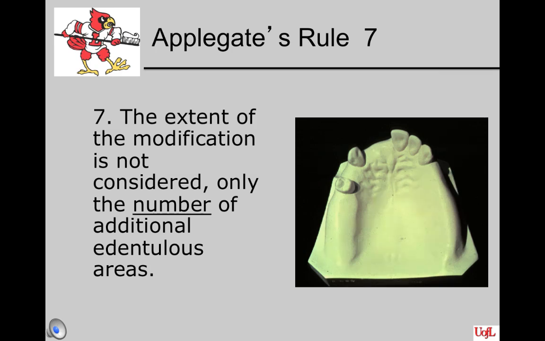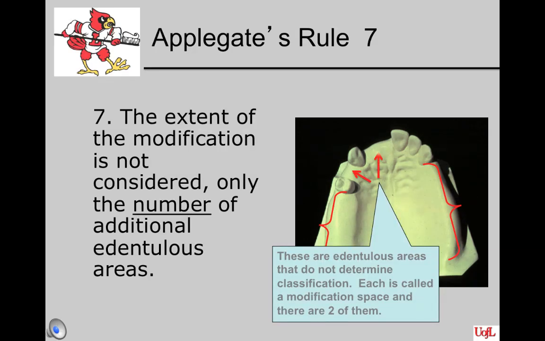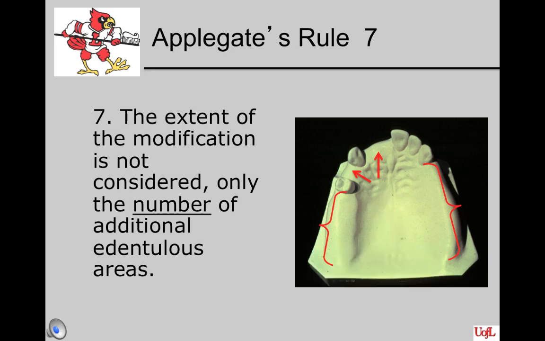We have bilateral edentulous areas that determine our classification to be a Kennedy Class 1. There are other edentulous areas that do not determine the classification, and each of these is called a modification space, and there are 2 of them. Put this all together, and what we have here is a Kennedy Class 1 modification 2.